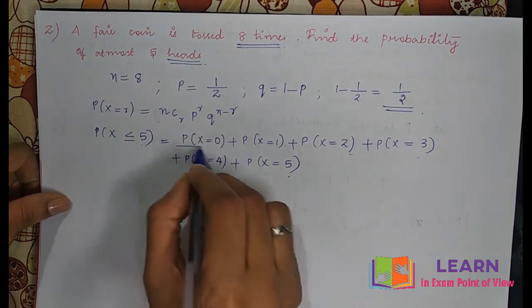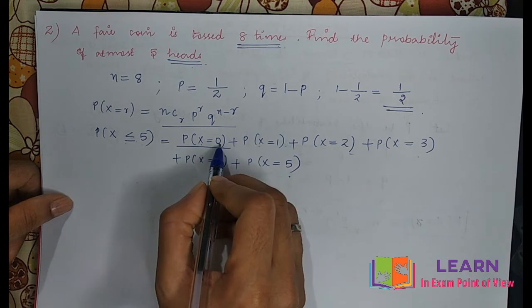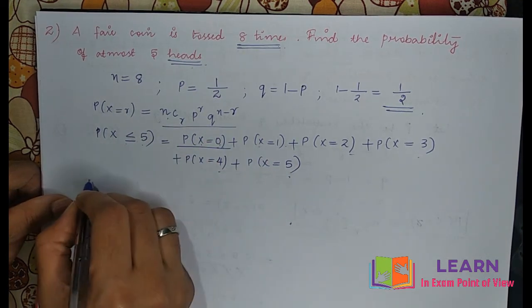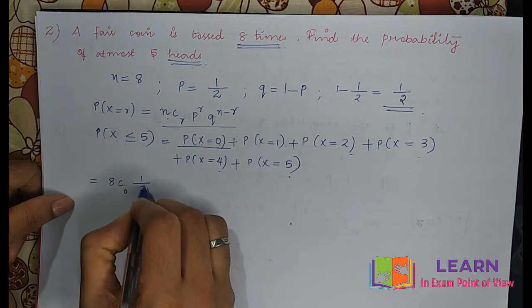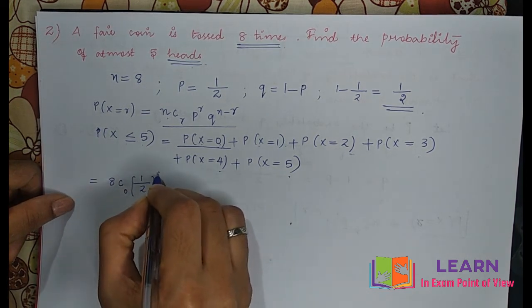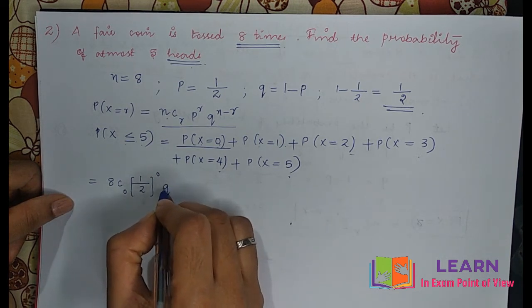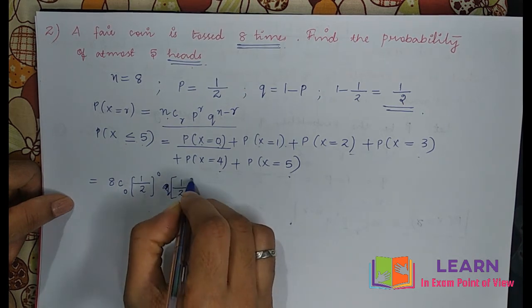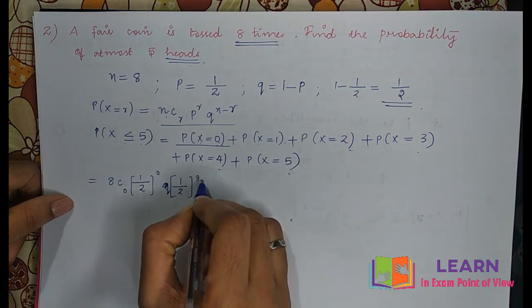So each case you can put in this formula, right? For x equal to 0, in the place of r put 0. n is 8, so 8C0, P is 1 by 2 raised to 0, Q is 1 by 2, so you can substitute 1 by 2 raised to n minus r, that is 8 minus 0.